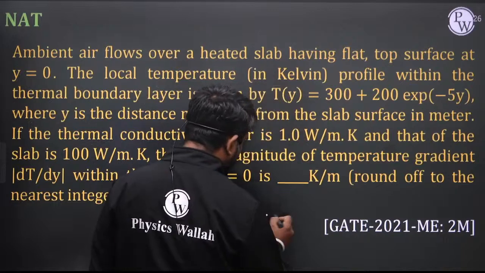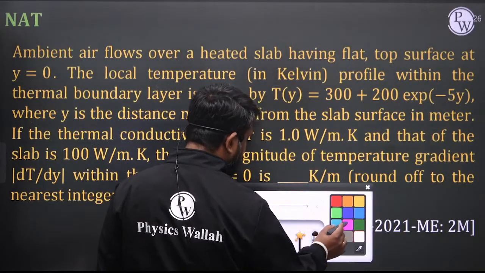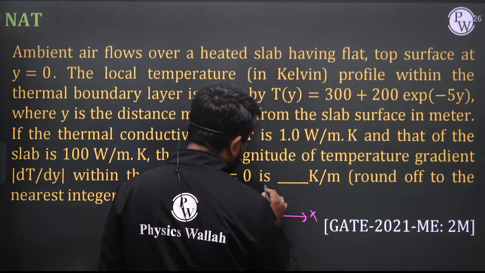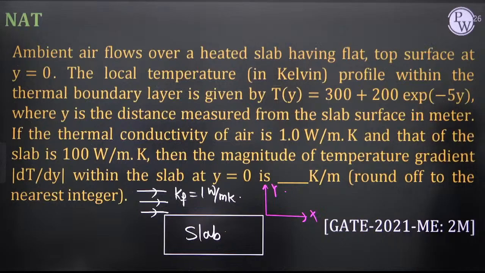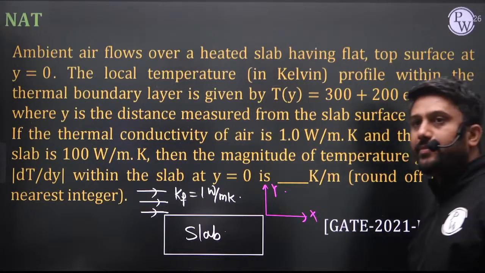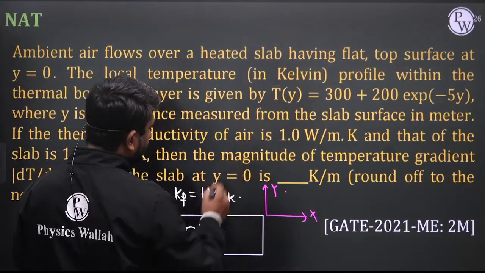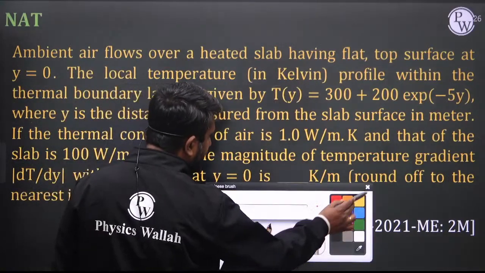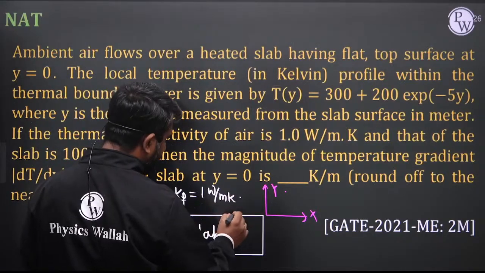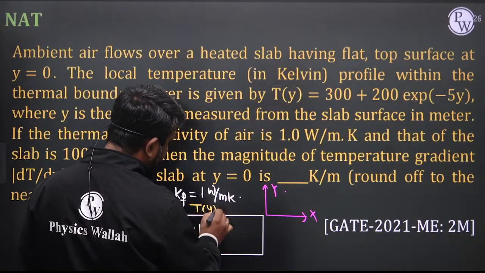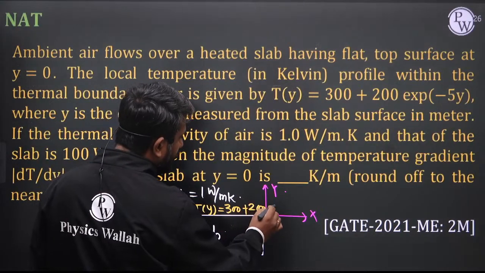This is the x direction and this is the y direction. On the fluid side, the temperature variation is given, and that is T of y equal to 300 plus 200 e to the power minus 5y.